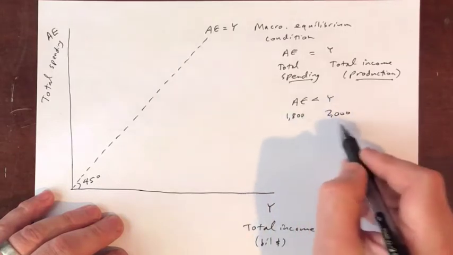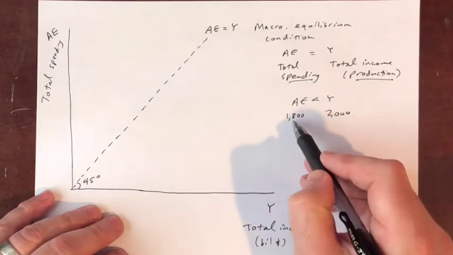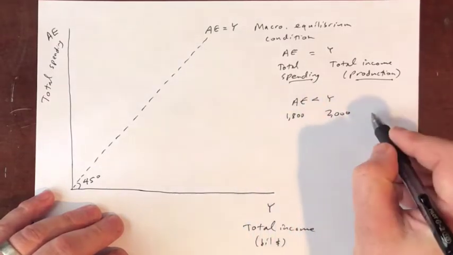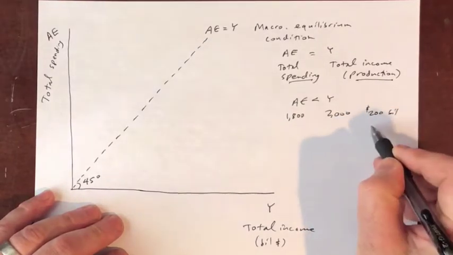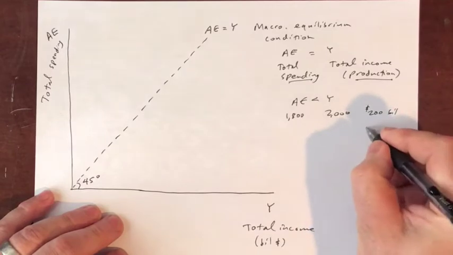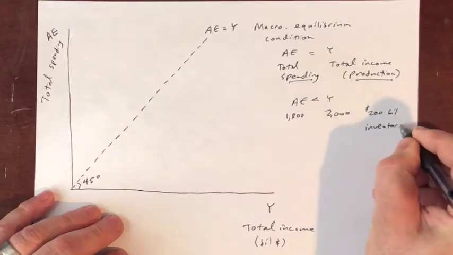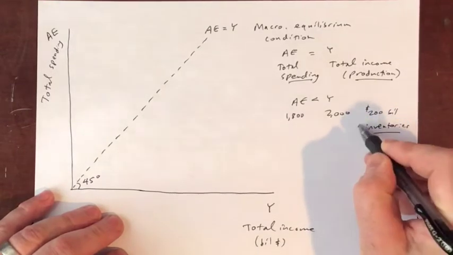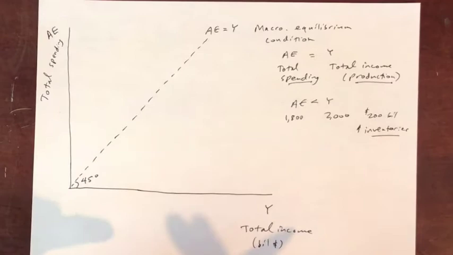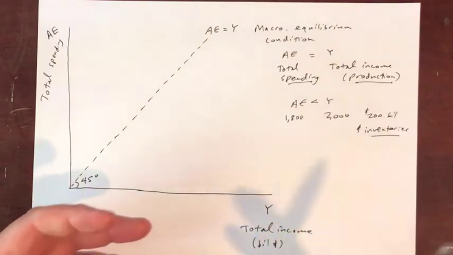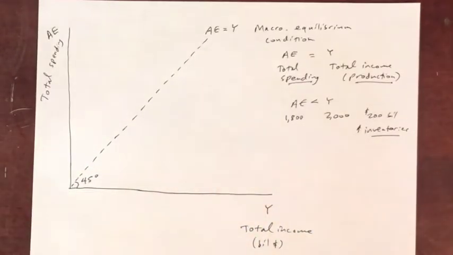Well, the difference here, 2,000 minus 1,800, would represent $200 billion worth of stuff that did not sell. And this is called inventories. So inventories would have increased, the goods that are sitting on shelves in warehouses, etc. But that's not an equilibrium.